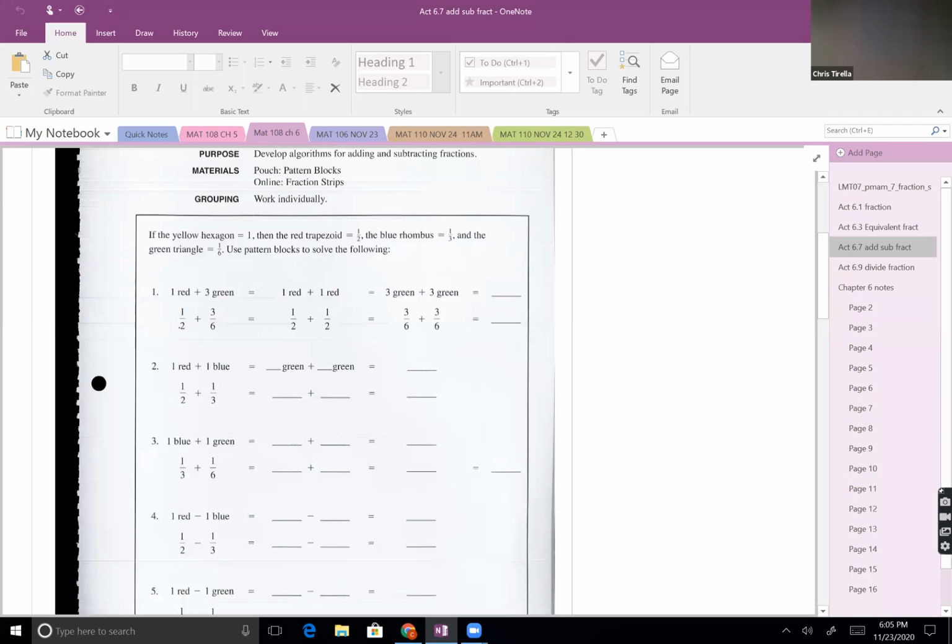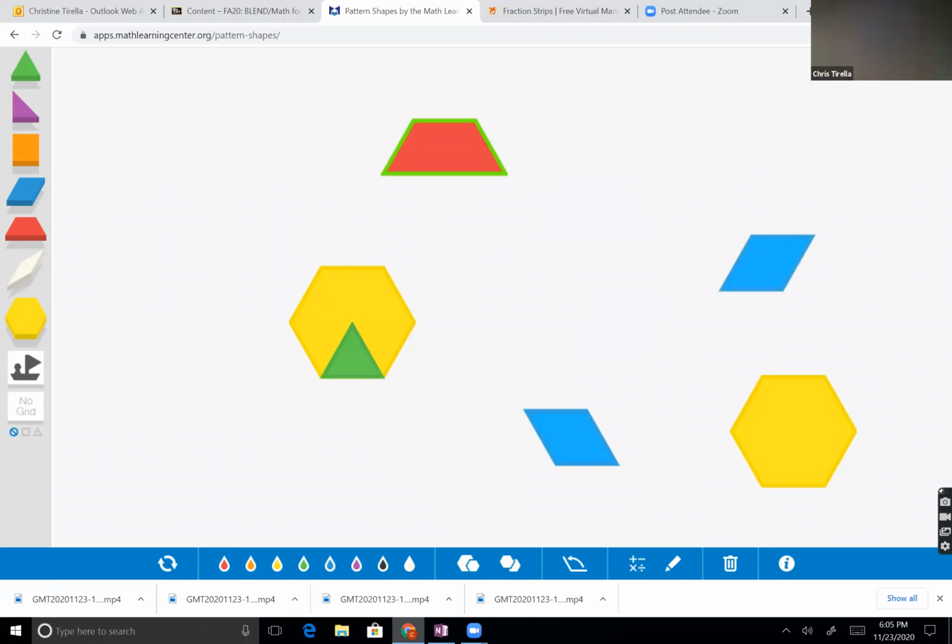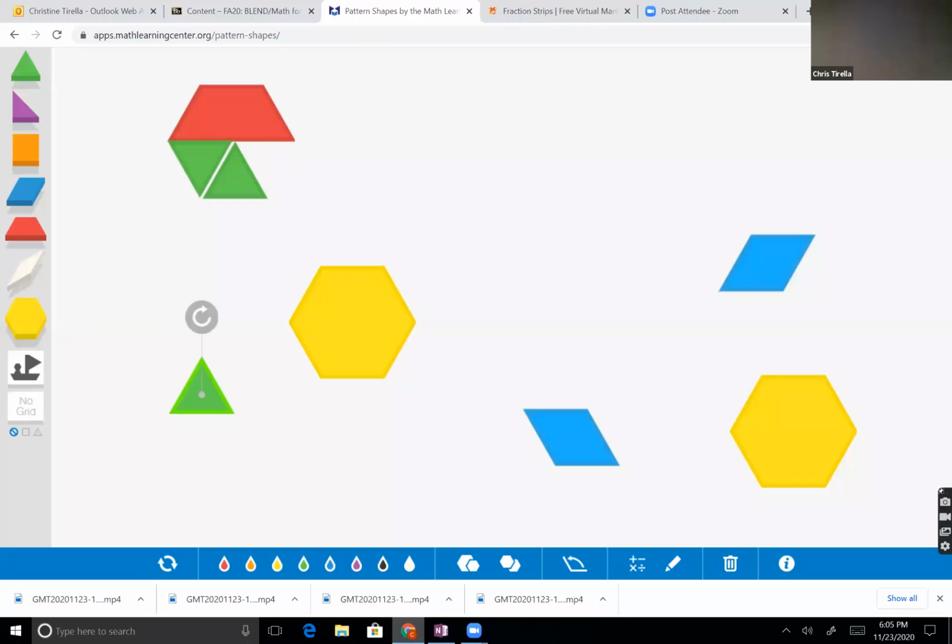And then if I look at 3 green, let's move everything else out of the way. 1, 2. And this would be easier if we were actually working with them. I apologize. I'm not real good with manipulating the virtual ones. 3 greens. Well, they're saying, well, now wait a minute.